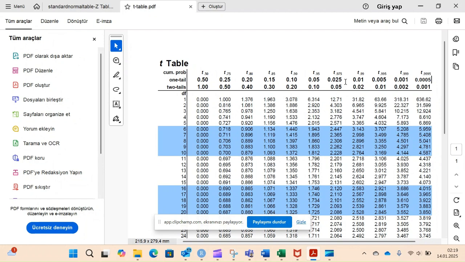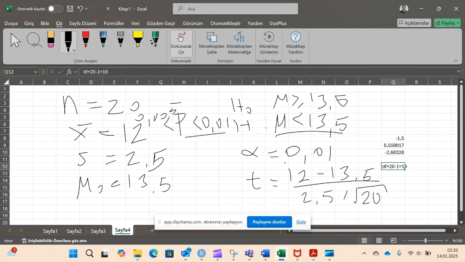But from the table it's not possible, because the table cannot give every possible t result, since the t distribution depends on the sample size. So we find a value between some p values, but it's okay because we try to find whether the p value is less than or higher than the alpha value.